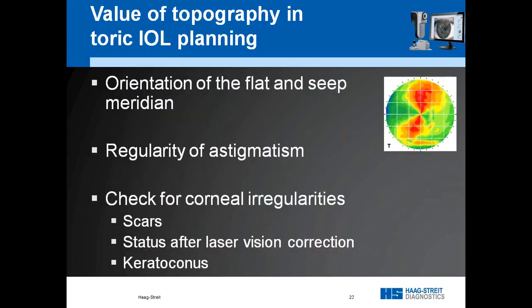Okay, so let's sum this up. We can double check the orientation of the flat and steep meridian. We can check the regularity of this astigmatism, and we can also check for irregularities like scars. We'd also be able to see the status after laser vision correction if the patient, for example, doesn't inform us in advance that he used to get LASIK maybe 20, 25 years ago.